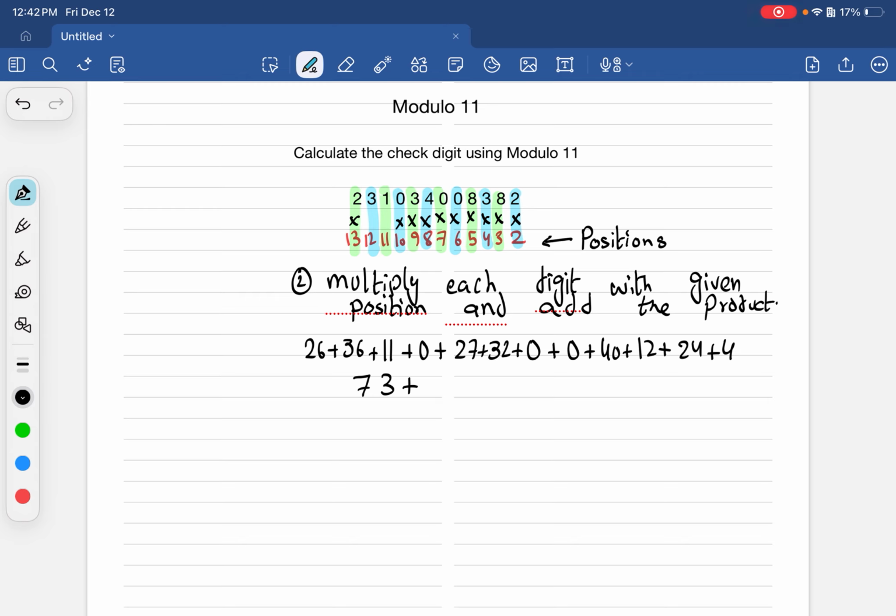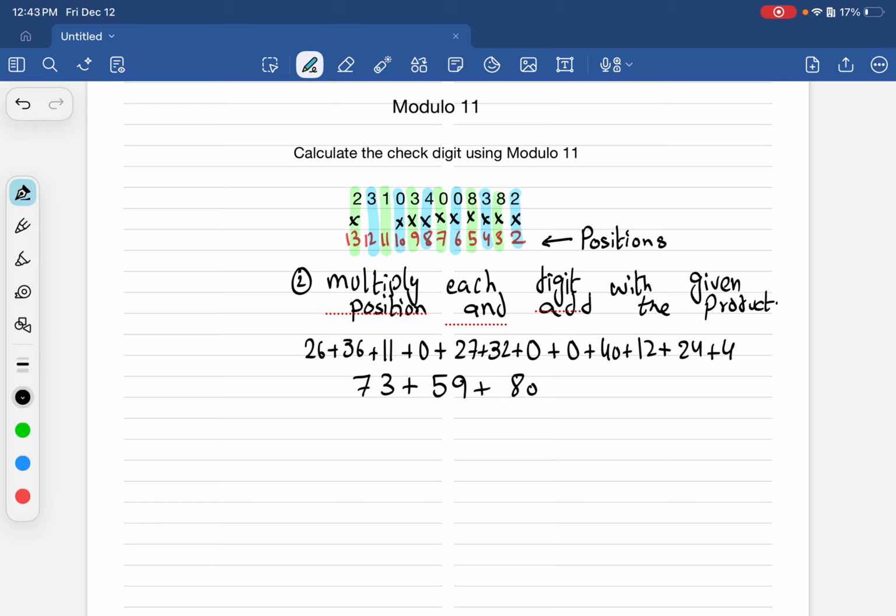Then we have 27 and 32, that should be 59. Then we have 40 plus 12 plus 24, so 40 plus 12 is going to be 52. Then we have 24, that should be 76. Then we have 4 more, so that's going to be 80.